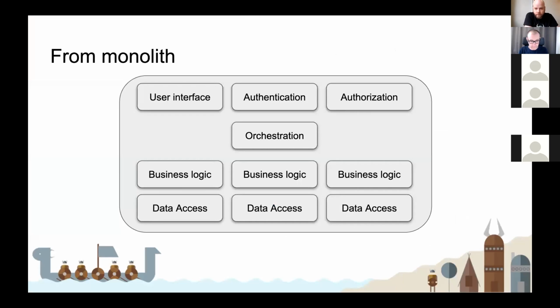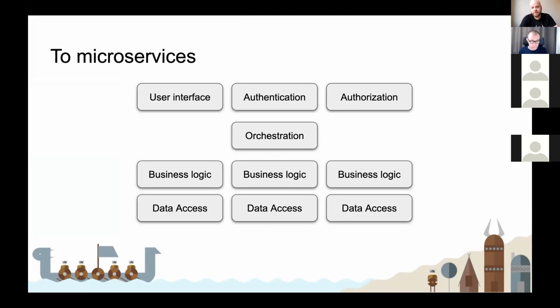Okay, so first, let's look at the model we came from, the monolith application. Moving from monolith to microservices isn't that big of a step, at least not from a PowerPoint view.